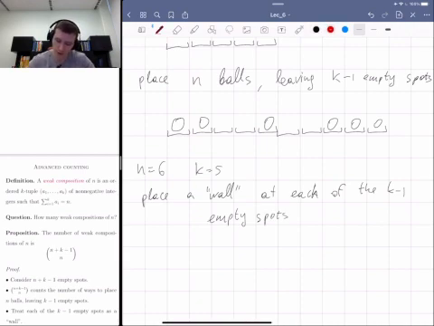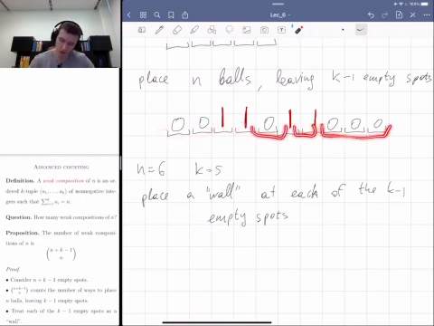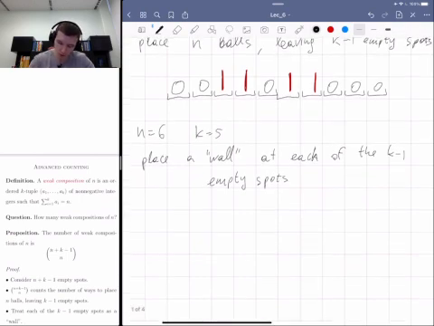Here's where my walls are going to go. Then the way to convert this into a composition is to just record: there are k minus 1 walls, so there are k spaces between the walls.